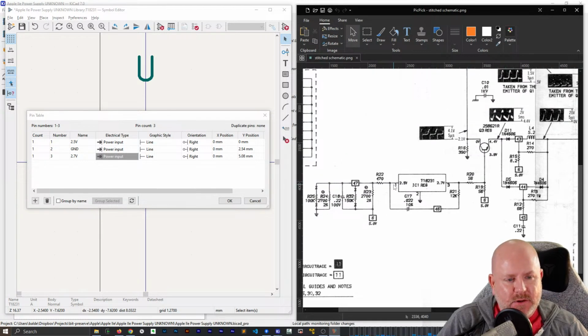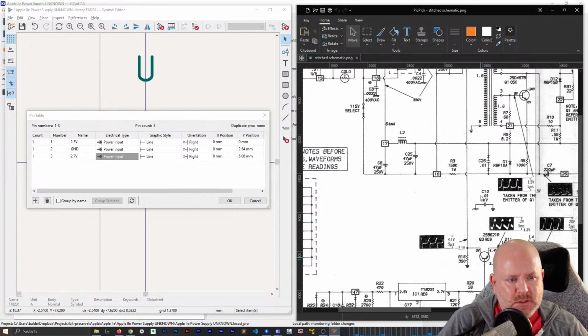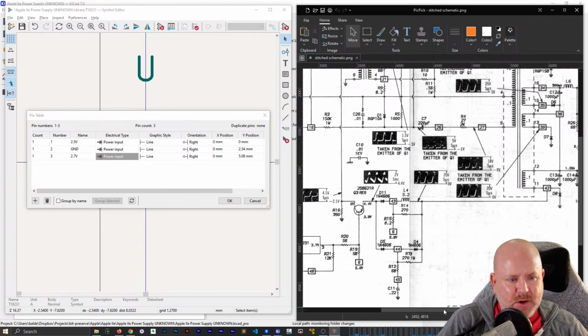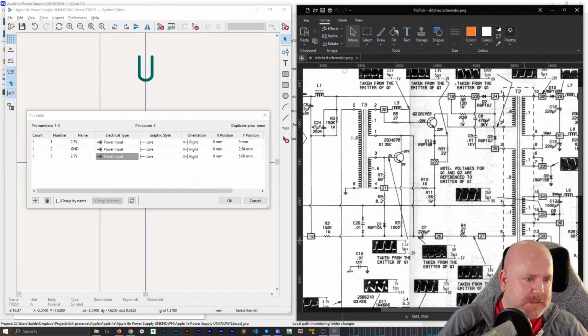And then what I would imagine is going on is this is an input, and this is an output. And then this output controls this switch. Although I was expecting that to be a MOSFET, not a BJT.